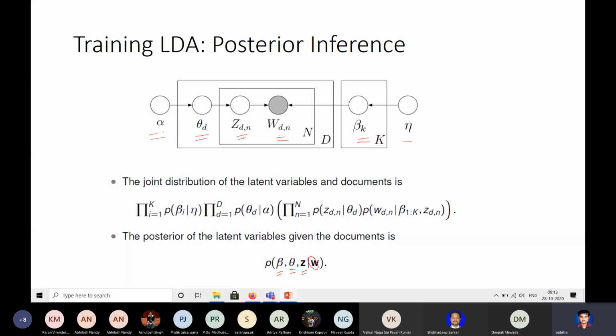This is the only observable thing, given the words. So this is the posterior. This is a latent variable. These are the parameters. The latent variable is the topic allocation to a document. So latent variable plus parameter given the observable W. This posterior probability we are interested in.